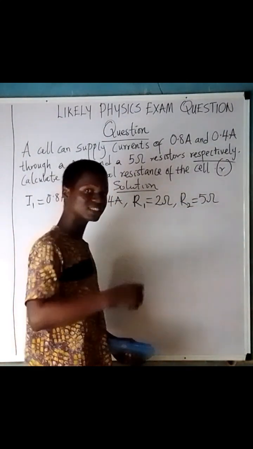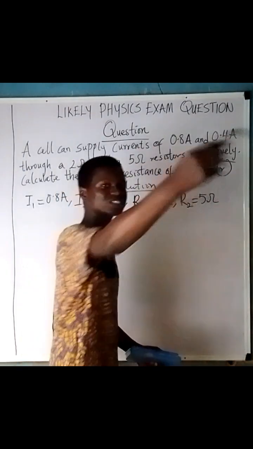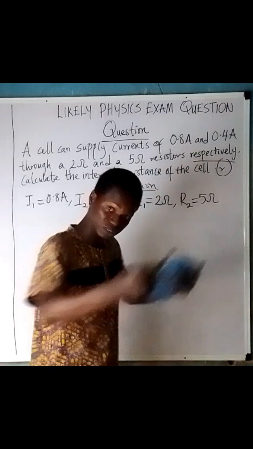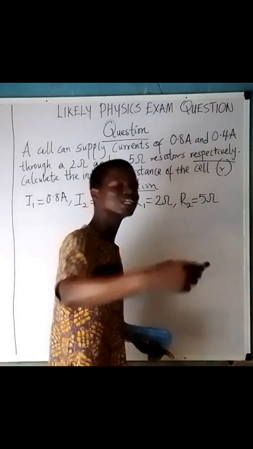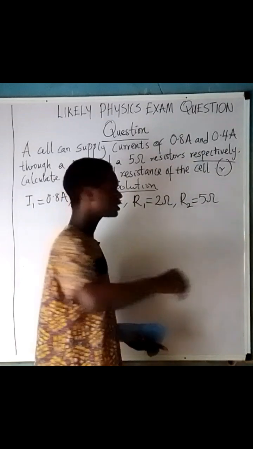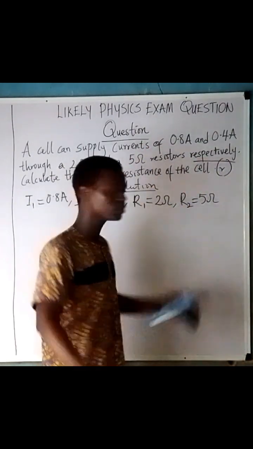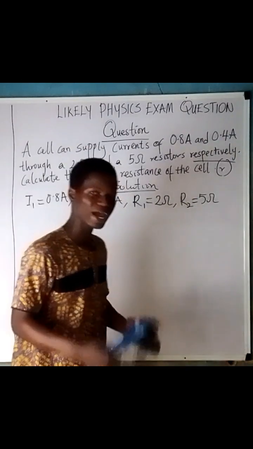So inside the cell there is a resistance to the flow of current. Outside the cell, because of the resistor that is connected from outside, there is a resistance that is offered to the flow of current outside. Within, a resistance represented by small r. Outside, resistors represented by what? Big R. I hope that is clear.